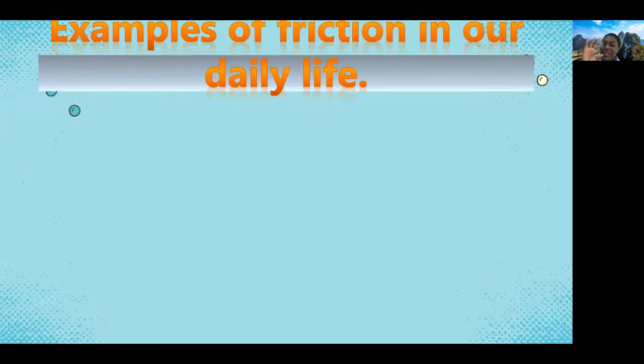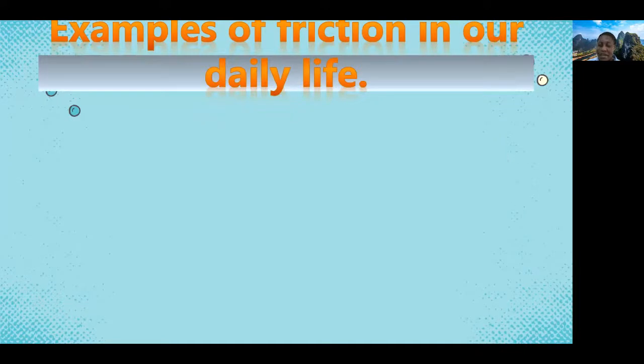It is either number 1, make the surfaces very smooth by polishing. 2, you apply lubricants like oil, like grease. Number 3, you can use wheels to move. Like on suitcases, you add wheels. On something like a trolley, that is why we have wheels on trolleys.